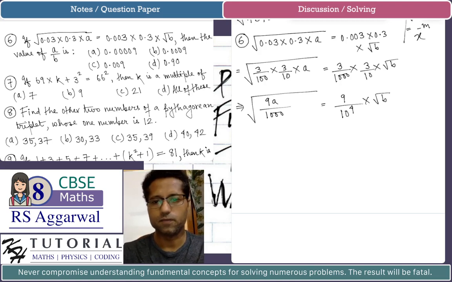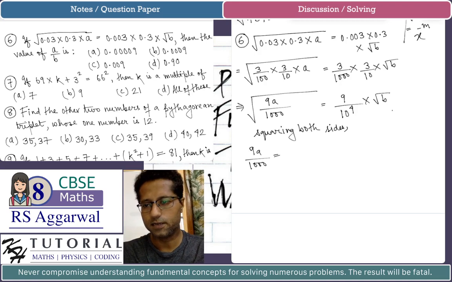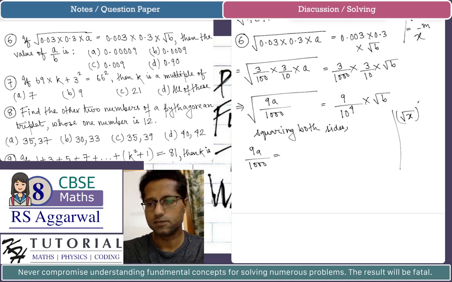Now if we take the square of both sides of this equation, squaring both sides, we get 9a divided by 1000, because we know that the square of the square root of a number x is always equal to the number x.